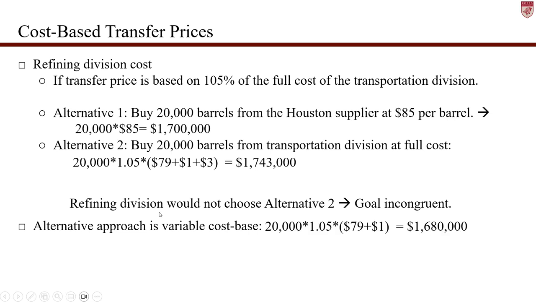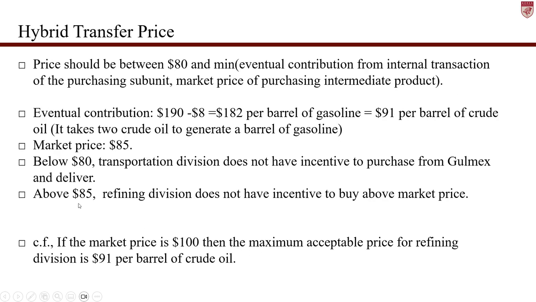So now the new incremental cost would look like this: 20,000 barrels times 1.05 times $79 plus $1, yielding $1,680,000. Okay. So this was the cost-based transfer pricing.